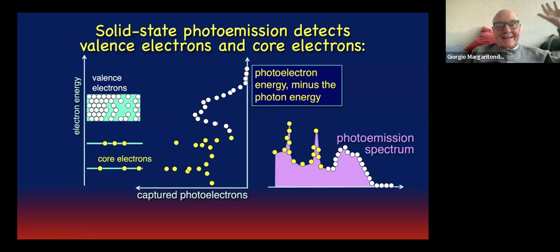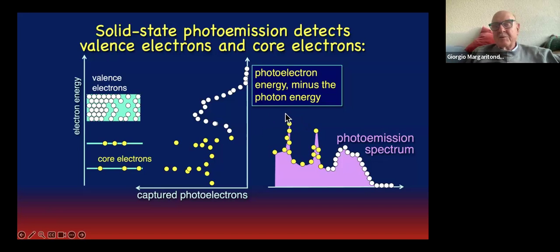Now, folks, I'd like to tell you that I was there when this technique was first developed using synchrotron radiation. And I was a young fellow, I was 25 or 26 years old, and it was a very, very nice experience. Why so? Because up until then, as a student, I had been looking at the quantum properties of electrons in books. I didn't have any way to look at them directly.